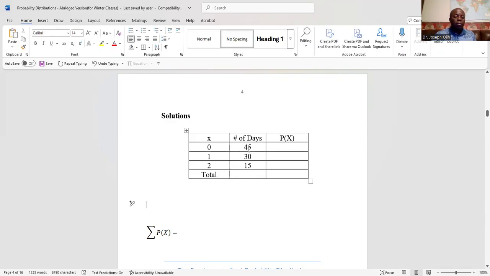Now we need to calculate the probability for each of 0, 1, 2. But first we need to get the total, so let me write these numbers down. We got 45, we got 30, we got 15.